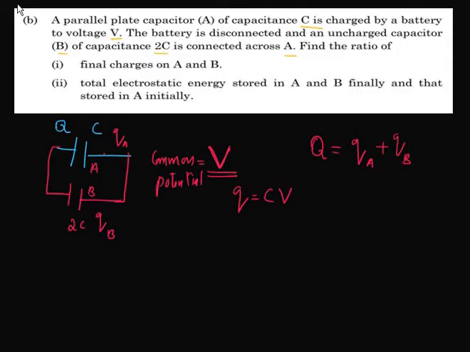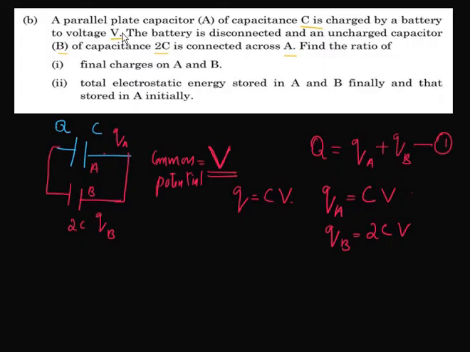For the first capacitor's charge QA, we can write capacitance C into potential V. Similarly, for QB, the capacitance of the second capacitor is 2C, so QB is 2C into V. Now, let us substitute these values in the first equation.